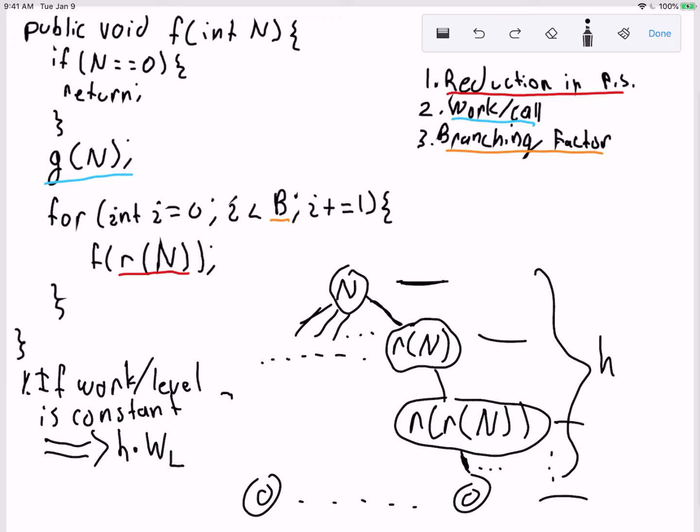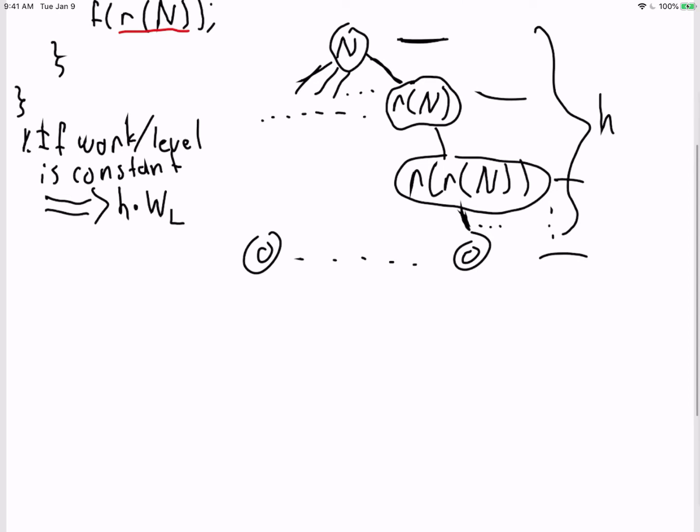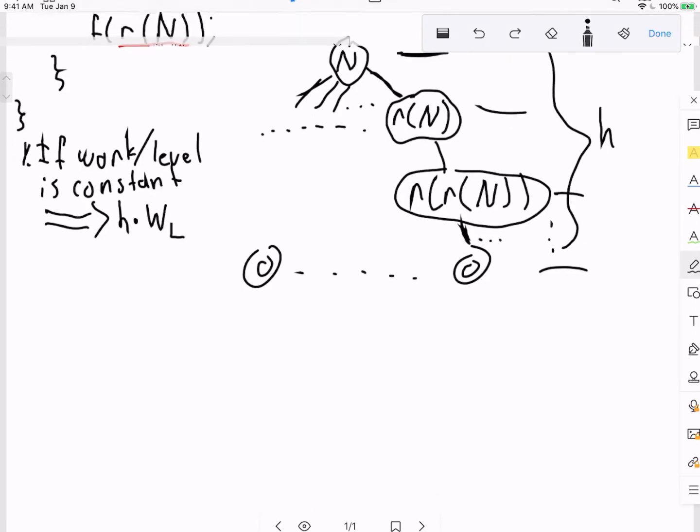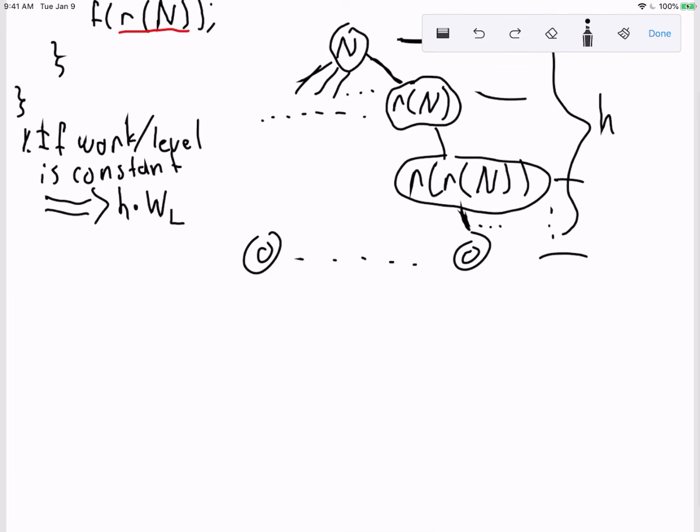Okay, so that's nice. Let's scroll down a bit. Now let's talk about a different scenario. Maybe the work per level is not constant. If it's not, or actually let's talk about if the work per node, or also work per call, is constant.